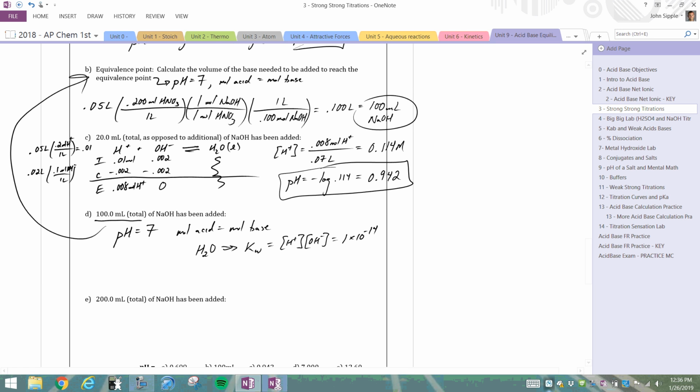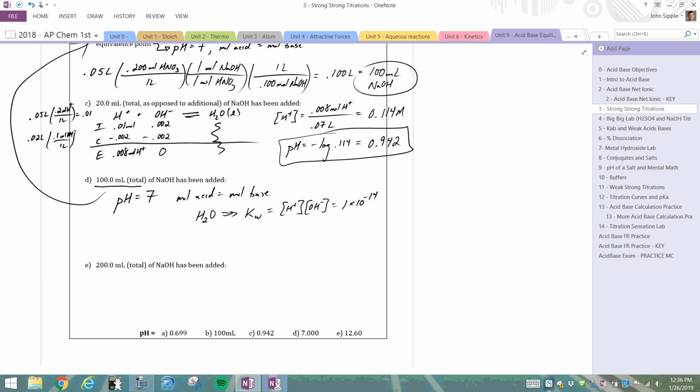All right, so finally here, what's the pH when we added 200 milliliters of NaOH? Well, let's run our ice table here. H plus and OH minus go into water, H2O. Initially we got 0.01 moles of H plus.